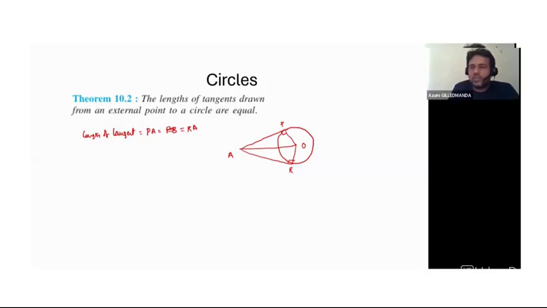Let's see how. If you closely look at this, OPA is a right angle triangle, and similarly ORA is also a right angle triangle. So I can say delta OPA and delta ORA, these two are right angle triangles, right?